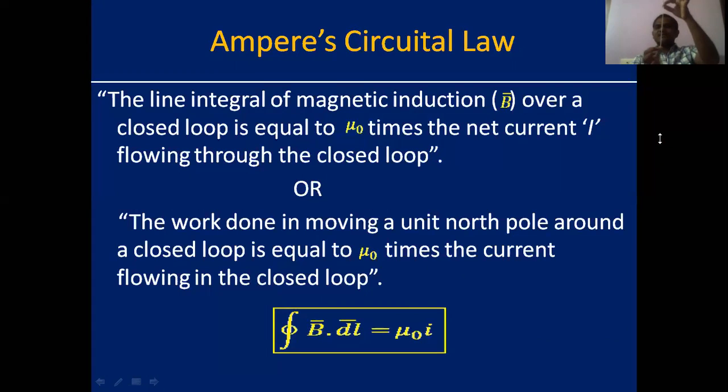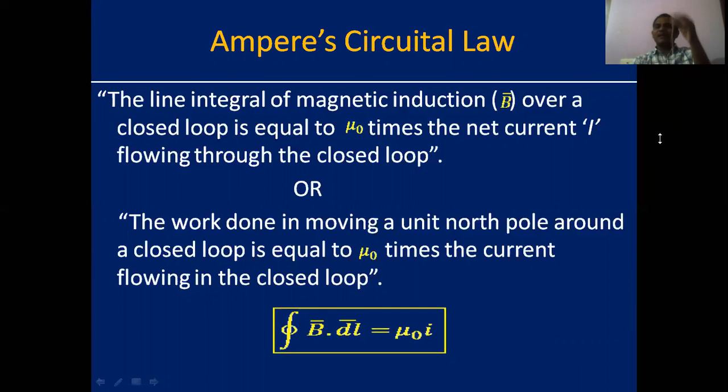Okay, so this is a current carrying conductor which is carrying the current I either in upward direction or downward direction, whatever it is. Just imagine a closed path around this conductor. Then the line integral of magnetic induction field strength along that closed path is equal to mu naught times the net current enclosed by that closed path, that is the current through this conductor.